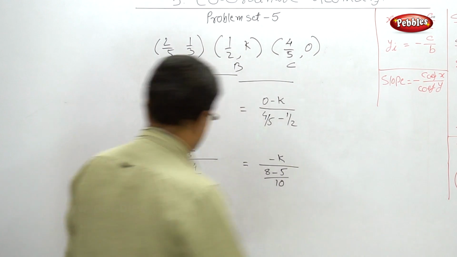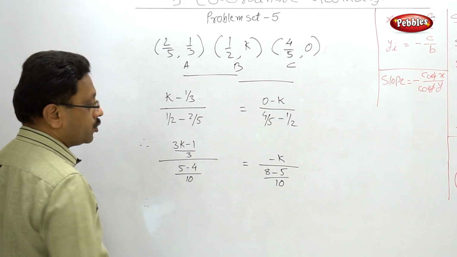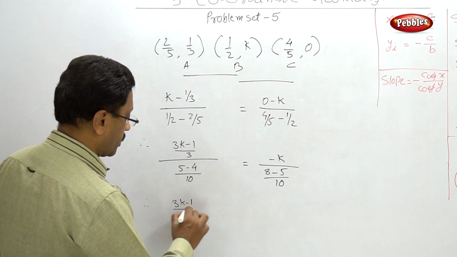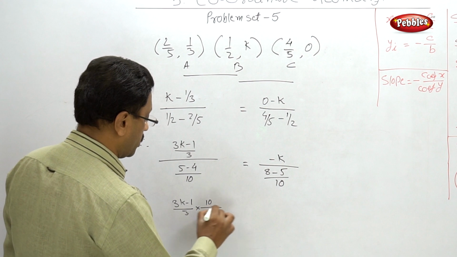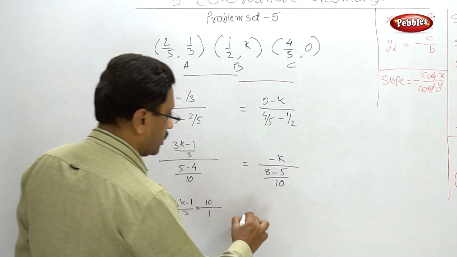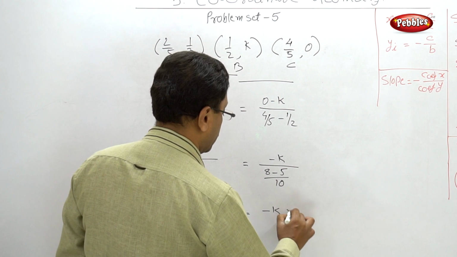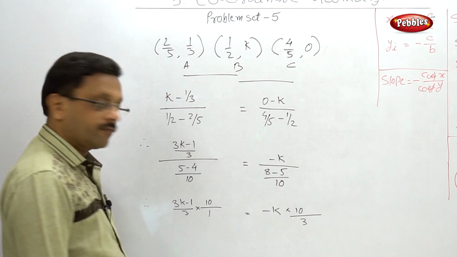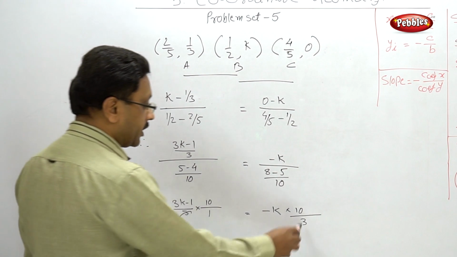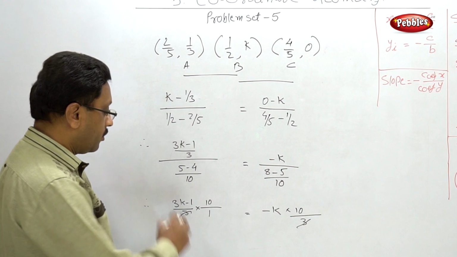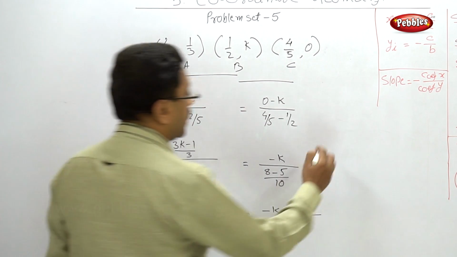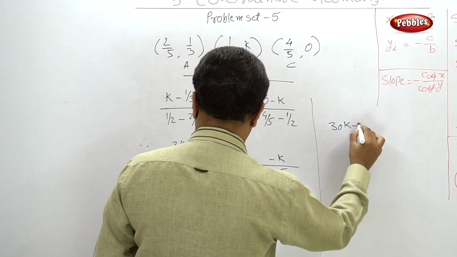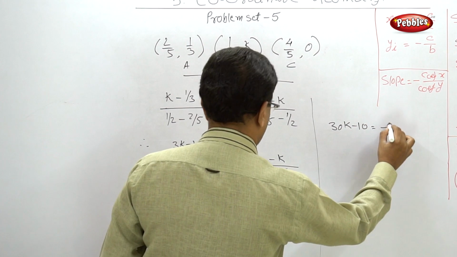So now we'll simplify further. So we have (3k minus 1) upon 3 into 10 upon 1 equal to minus k into 10 upon 3. Simple. We'll cancel these 3 and then we will have (3k minus 1) into 10, that is, we have 30k minus 10 equal to minus 10k.